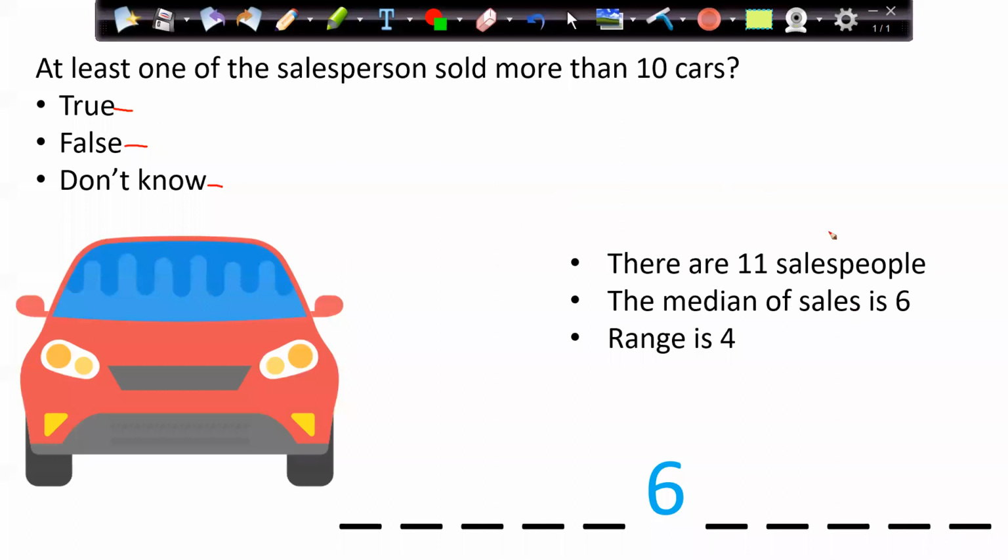From this data, can you try to give the answer? Range is nothing but the maximum value minus minimum value. Now what is the answer? Is that true, false, or don't know? Don't know means insufficient information.